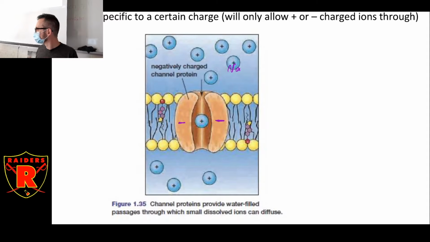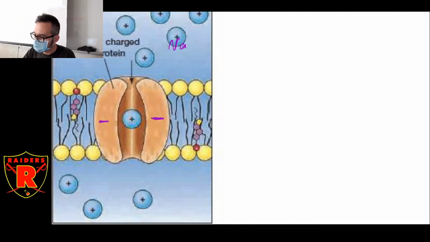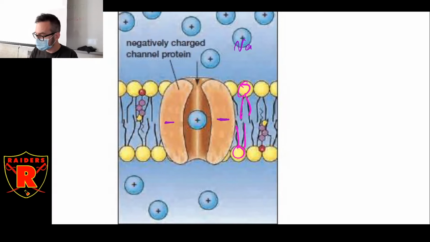Yes? What's the thing in the diagram? Which one? Like the brown thing? Yeah, where would that be? It's a protein and it's going across the lipid bilayer. So you can see the heads and the tails here for the lipids. Where would that be in your body? In the cell membrane. So this right here is the cell membrane.